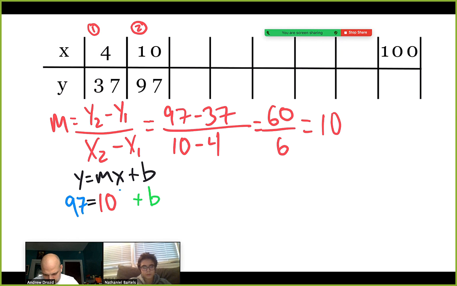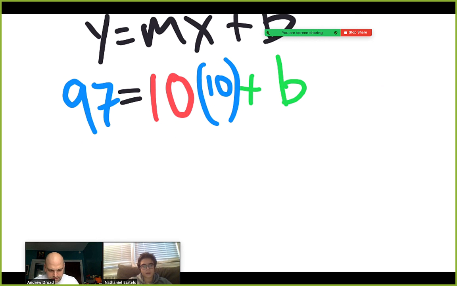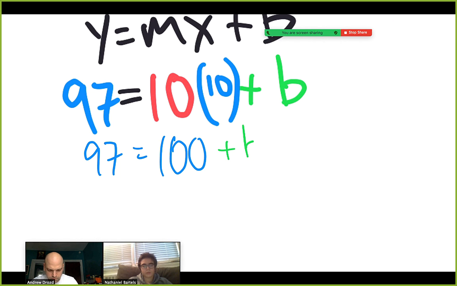All right, so it's going to be 10 times what? 10 times 10. Great. And so we need to isolate for b. So we know that 97 equals 10 times 10, which is 100, plus b.